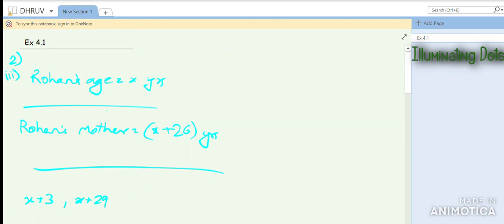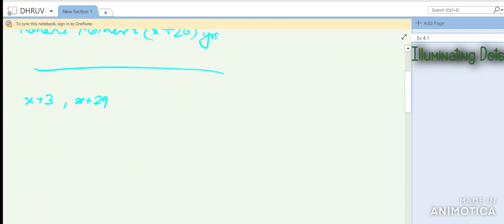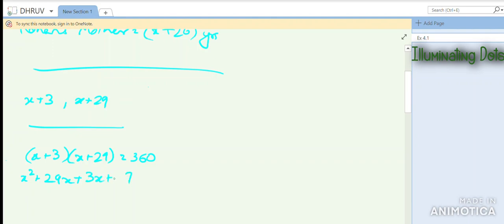So when we find the product, we get x plus 3 into x plus 29 is equal to 360. So x into x is x square, plus 29x plus 3x plus 87, is equal to 360.